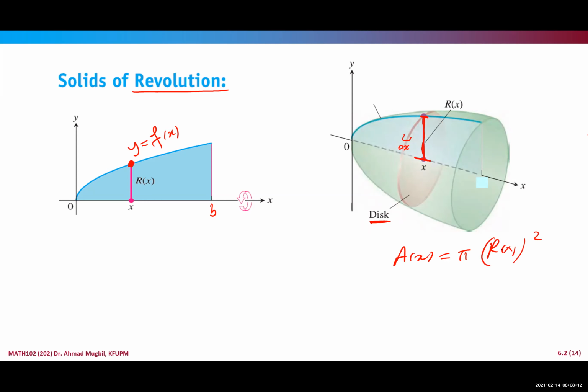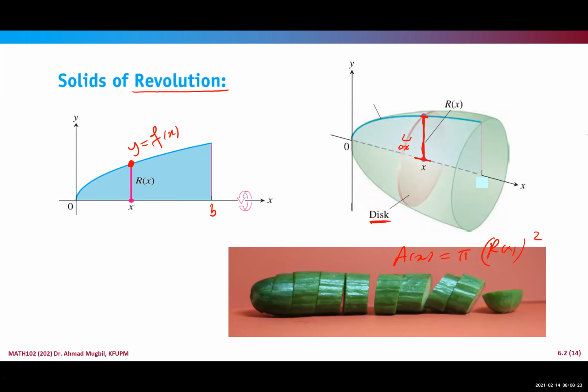So we now know the area of the cross section. You can think about how to find the volume of this solid. Think of it like a cucumber whose volume you want to find. You can approximate it by finding the volume of one piece, and then integrate to get the volume of the whole solid.